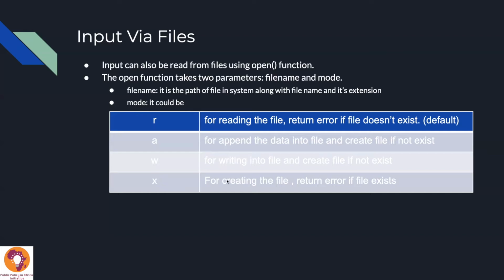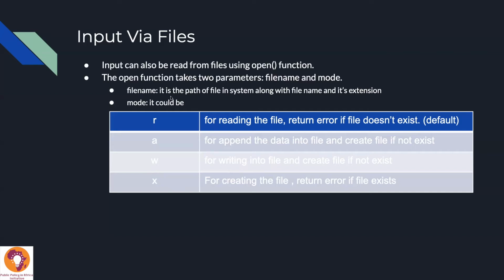So you would use the X mode to see about creating that file first. If the file already exists, it'll return an error, and then you can handle that error accordingly to just not run your process if it already exists. So that's an example of maybe when you would use the X mode.